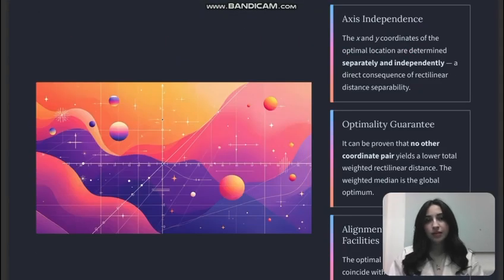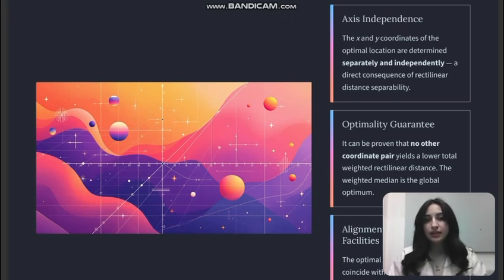Here are key properties of the median method. We use it because it has axis independence, and determining x and y separately and independently is easy for us to find the optimal location for a facility.